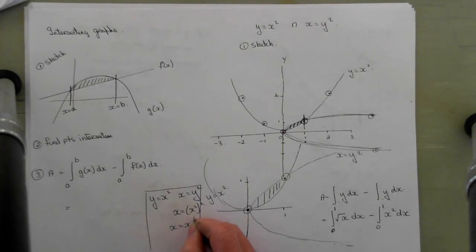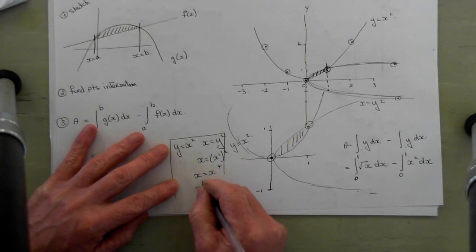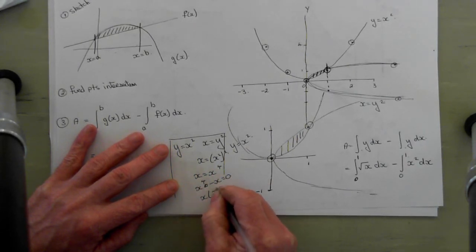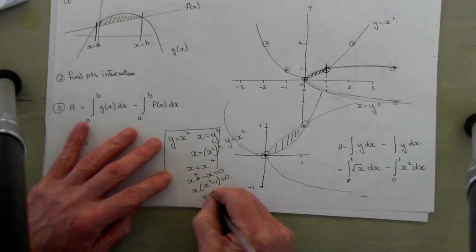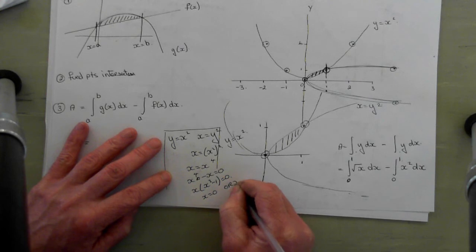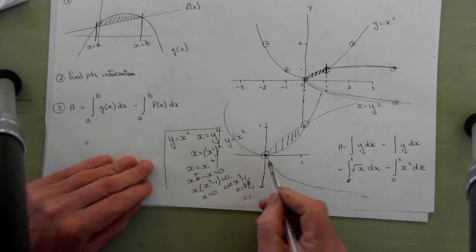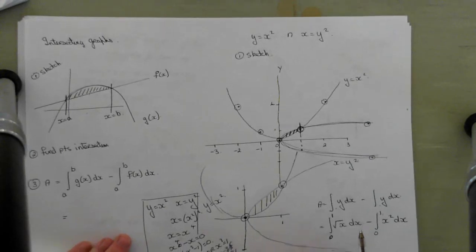X is equal to x to the power of 4. X to the power of 4 minus x is equal to 0. That's x times x cubed minus 1 is equal to 0. So x is equal to 0 or x cubed is equal to 1. X is equal to the cube root of 1, which is 1. So where do they intersect? At 0 and at 1. So I could also have done it algebraically.